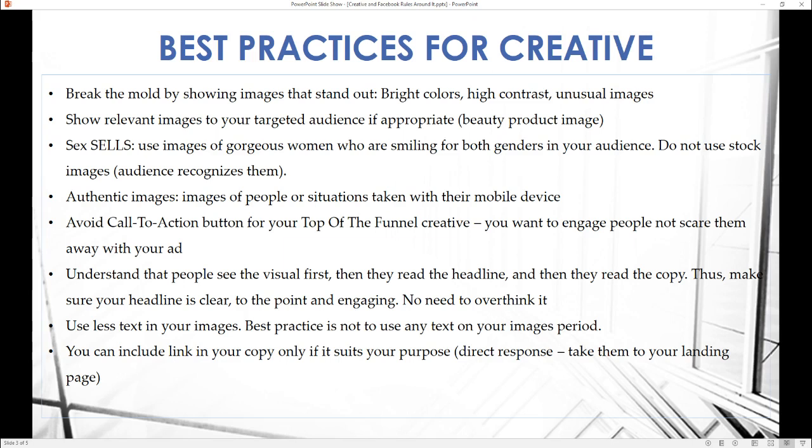There's a high chance that people already saw it somewhere else, on the web, or on Facebook or Instagram, and you're just going to look very non-genuine and non-authentic, and it will get you in a bad spot where you're going to see very low click-through rates and a very high cost per impression.